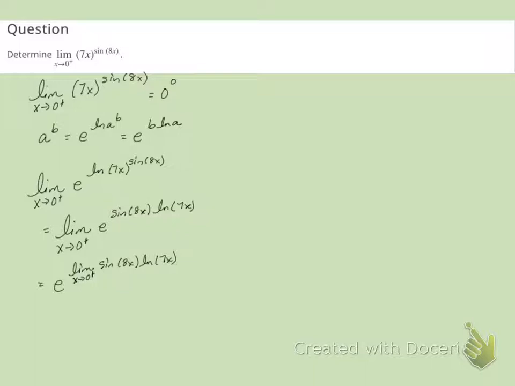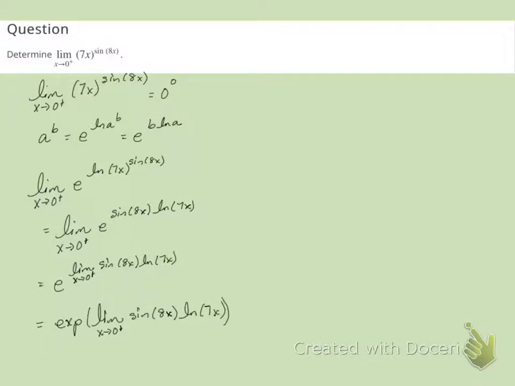There's a notation where we can write e raised to something as an exp out in front. So we can write exp, and then the limit as x approaches 0 to the right of sine of 8x ln of 7x.